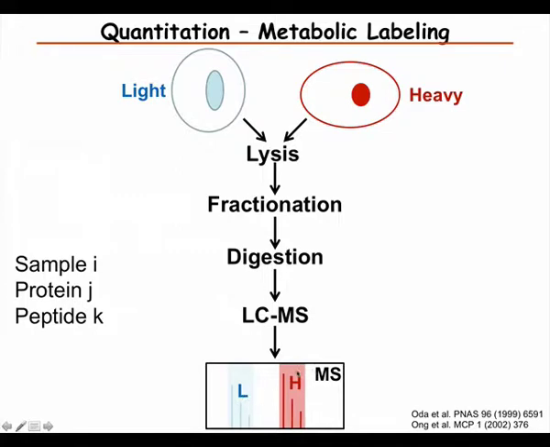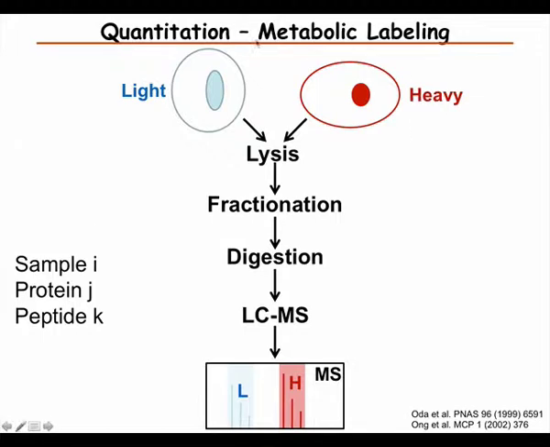And this assumption works well, especially if you use carbon-13 and nitrogen-15. People have shown that the assumption that they behave the same way throughout all this has been established.